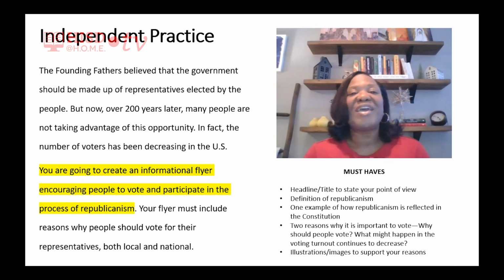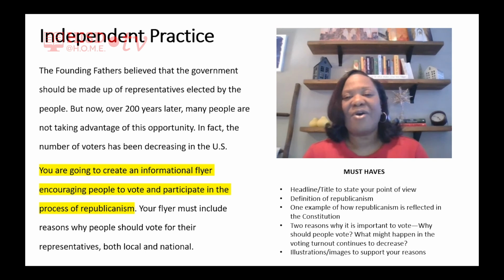Now that we have gone through this lesson on popular sovereignty, I want you to put it into practice. You're going to get really into this process, and I want you to create a representatives flyer. The founding fathers believed that the government should be made of representatives elected by the people.